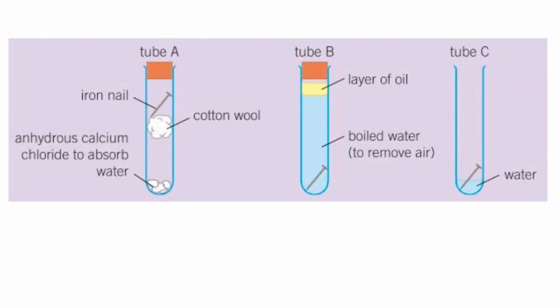Good. Okay. Sulfate test, please. Hydrochloric acid, barium chloride. If sulfate ions are present, a white precipitate will be formed. Okay, good. And what's the precipitate?